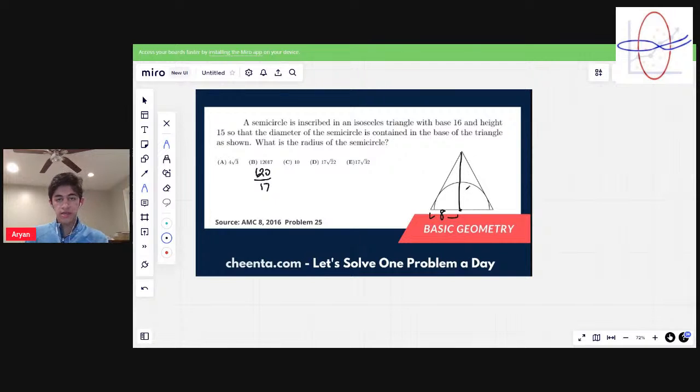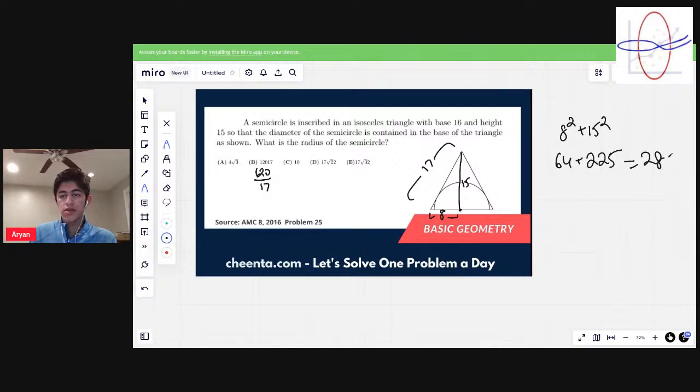And then the height is 15, which we're given. So if you know your basic right triangles, you would know that the hypotenuse is 17, because you have an 8, 15, 17 triangle. The other way you could have figured that out: 8 squared plus 15 squared is 64 plus 225, which is 289, and that's equal to 17 squared. But regardless, we get the hypotenuse is 17.